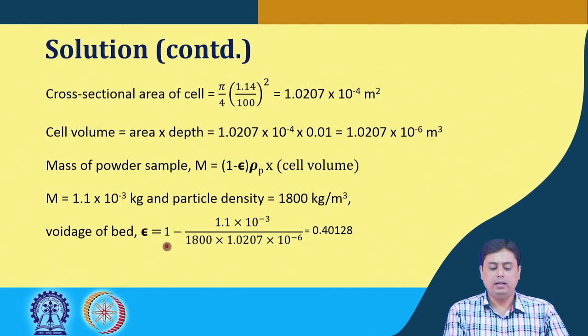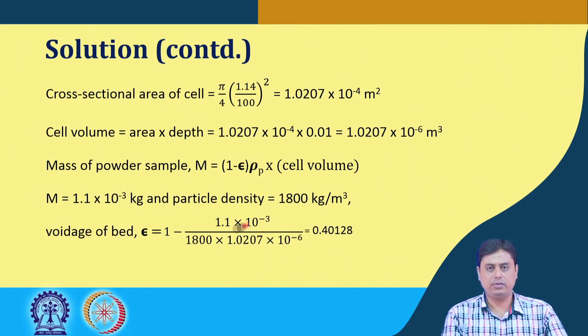So, we find that the bed voidage is 1 minus 1.1 into 10 to the power minus 3 divided by the density multiplied by the cell volume, which is the mass of the powder sample. This gives us the epsilon value to be 0.40128 or 0.4013 value.